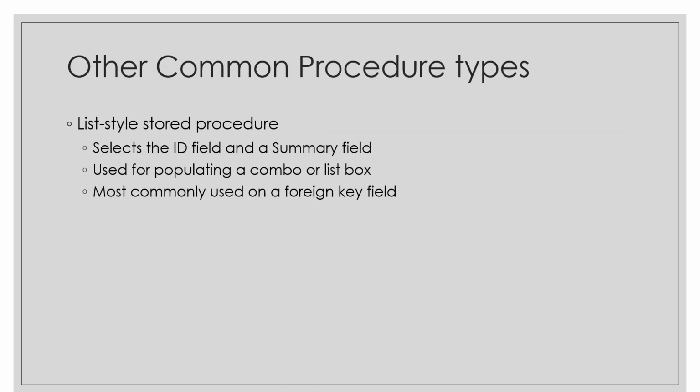Now, the other common ones I mentioned earlier are list-style stored procedures that are there really to provide data. It's just a select data returning stored procedure, populating our combo boxes, list boxes, that kind of thing. Typically, we need them so you can select values for related data, foreign key values, and so on, right?